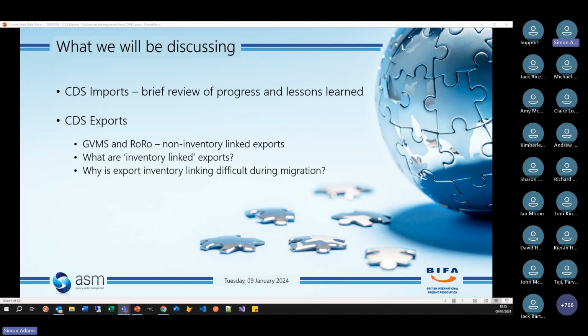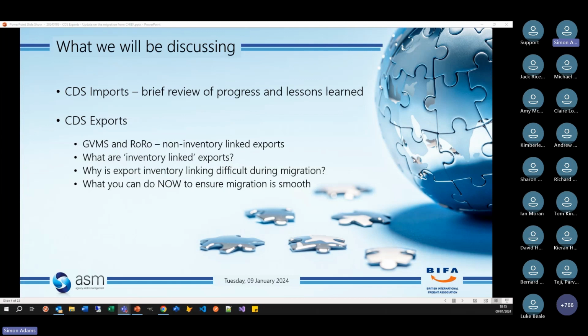We'll then go through why it is actually so difficult to do inventory linked exports during the migration from Chief to CDS. It's a lot more difficult than inventory linked imports was for various reasons, which hopefully will become clear. Then we'll go on to what you can actually do now to ensure migration is smooth.